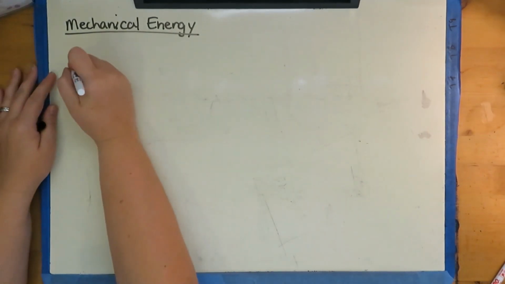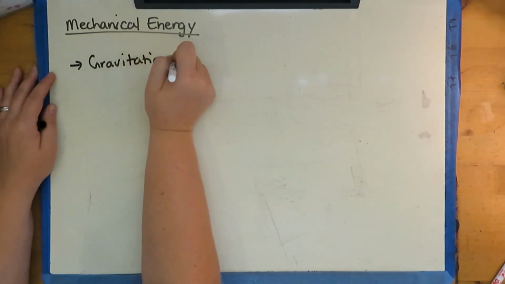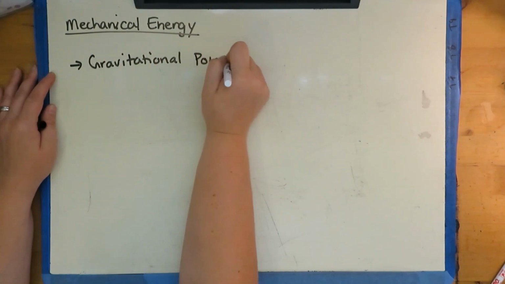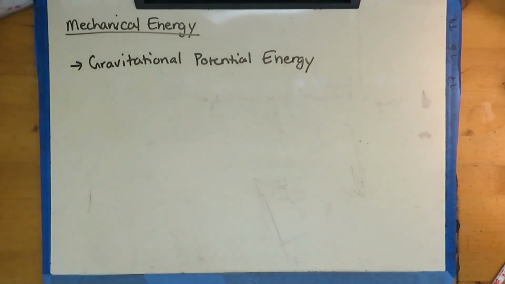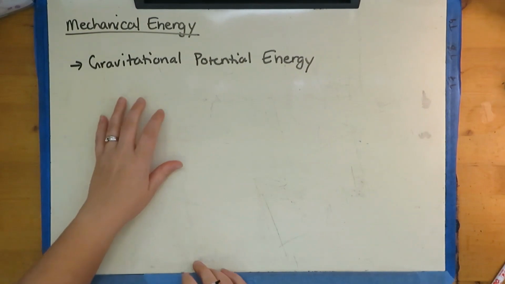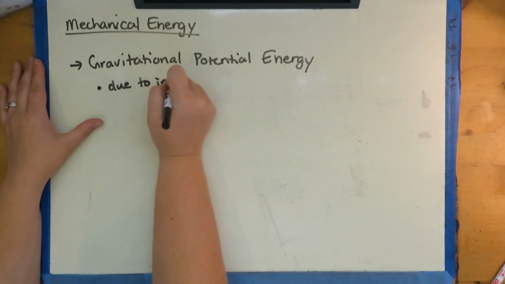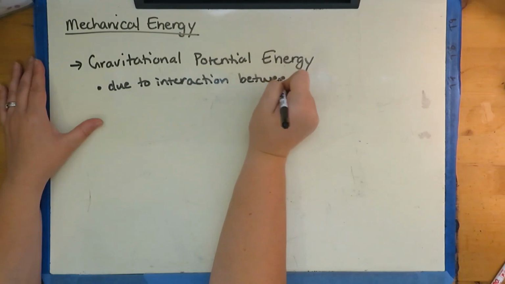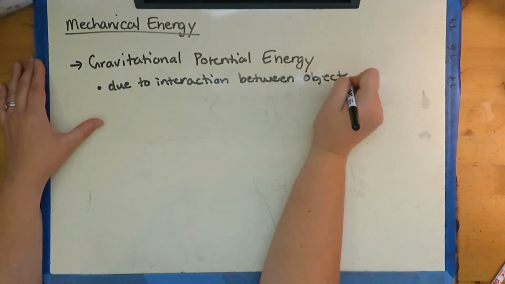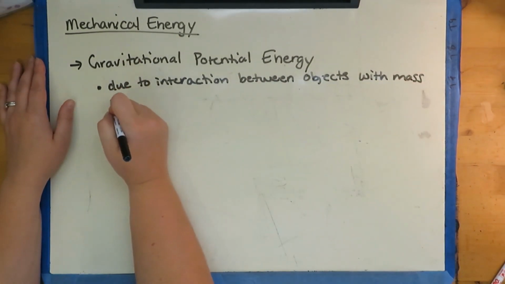We are specifically going to look at gravitational potential energy today. And gravitational potential energy is actually very, very complicated. There's ways to simplify it down, but remember that this gravitational potential energy is due to an interaction between objects with mass separated by a distance.